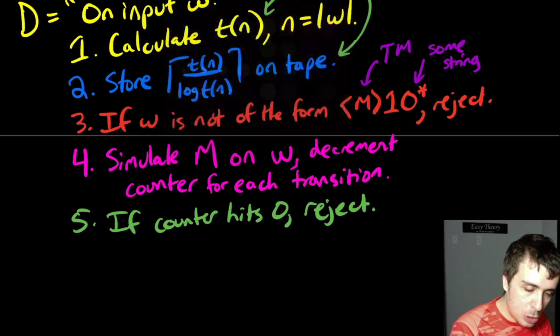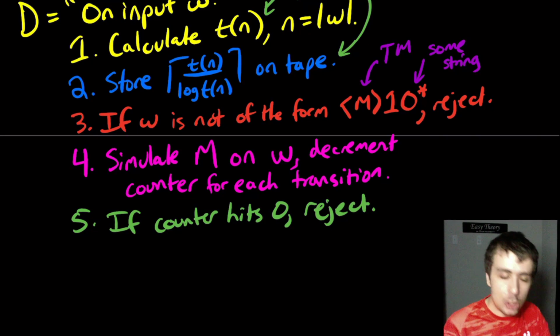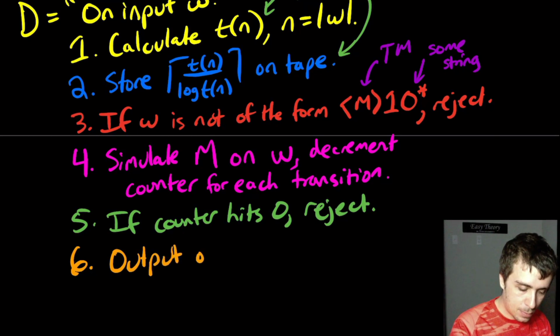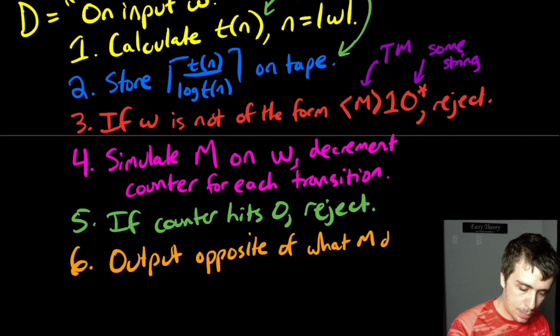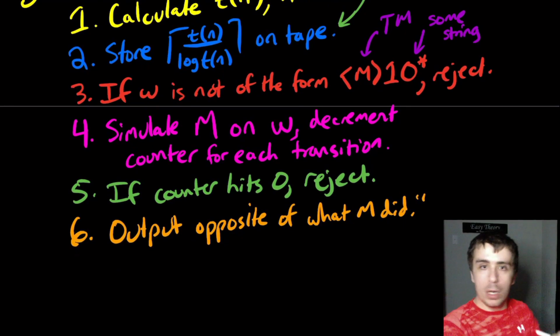So if the machine actually did run to completion and we ran within our budget runtime, then we're going to do step 6, and then we're going to output the opposite of what M did. Okay. So if M said accept, we're going to reject, and if M rejected, then we're going to accept.